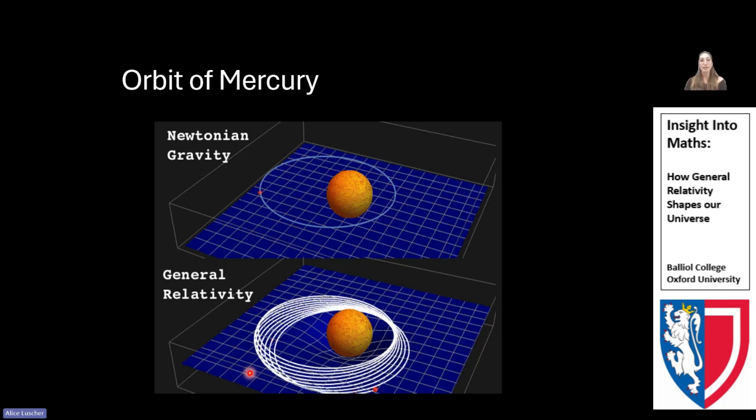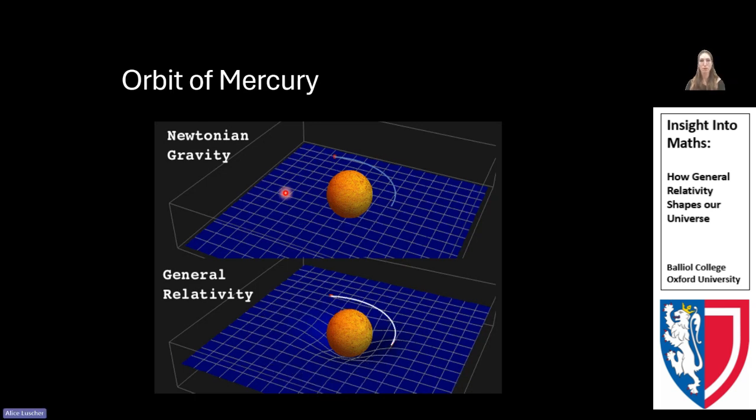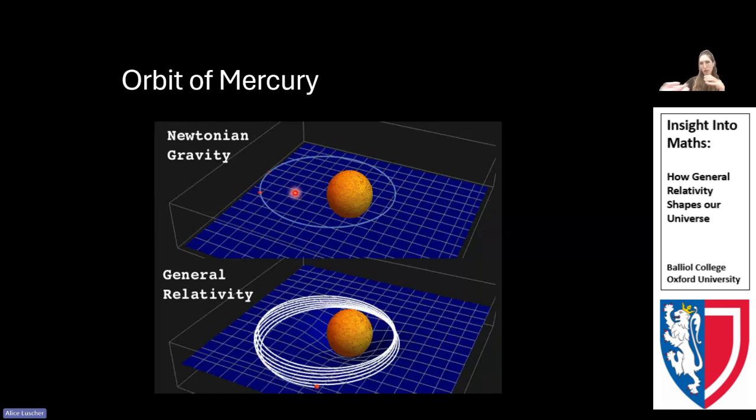People couldn't understand why this orbit was precessing, because if you just take Newton's gravity, Mercury keeps going around that ellipse. So people conjectured that maybe there was another planet between Mercury and the sun that would cause this shift. But they tried to observe that planet and couldn't see anything. So that wasn't working too well.